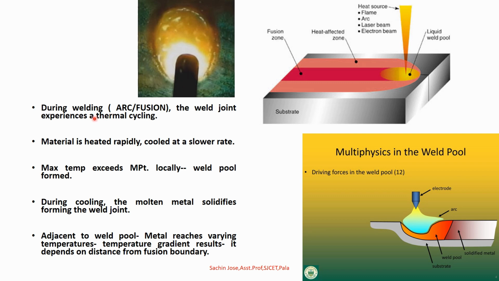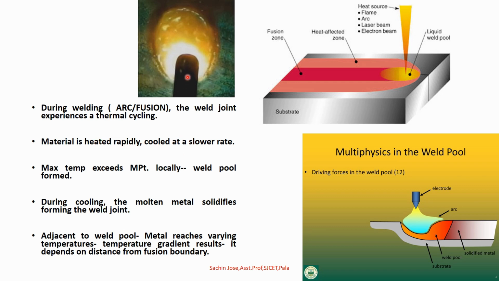Clear? During arc or fusion welding, the weld joint experiences thermal cycling. This joint experiences thermal cycling, right? Material is heated rapidly and cooled at a slow rate. Because why?